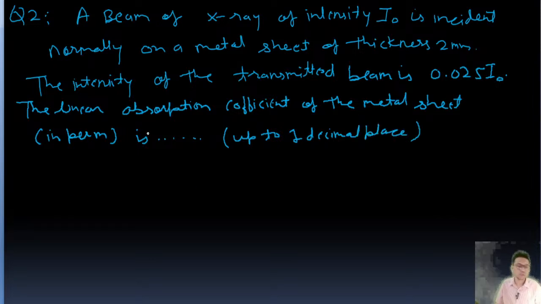So, a beam of X-ray of intensity I naught is incident normally on a metal sheet of thickness 2 millimeter. The intensity of the transmitted beam is 0.025 I naught. The linear absorption coefficient of the metal sheet in per meter is what you need to find out.